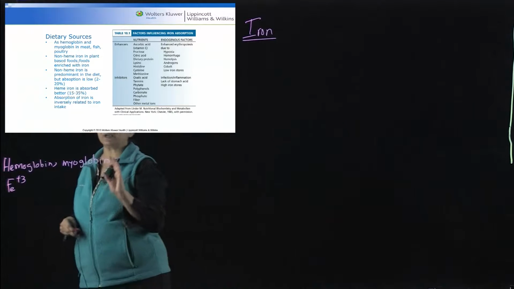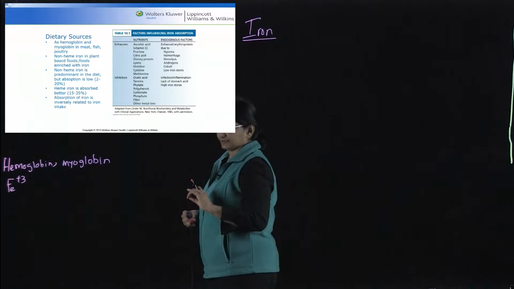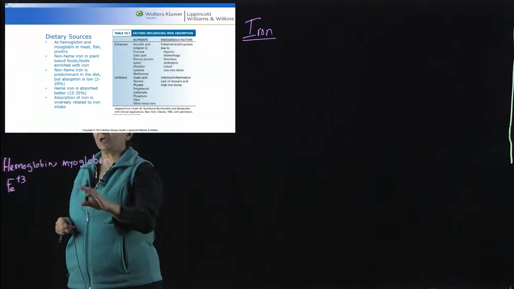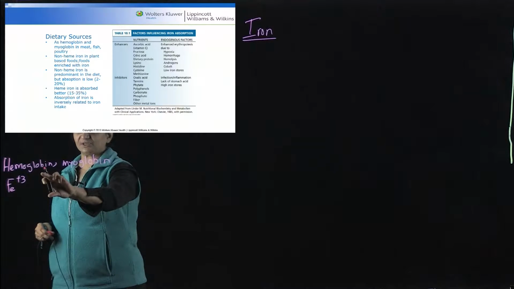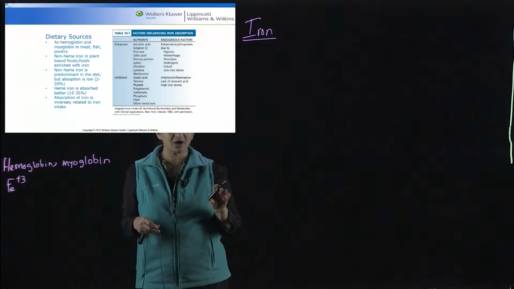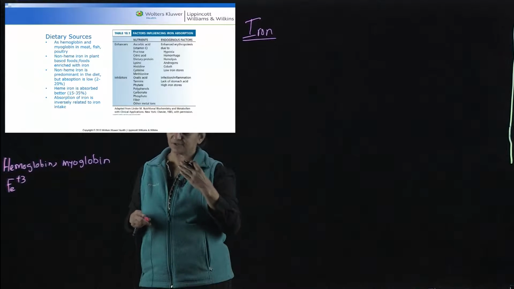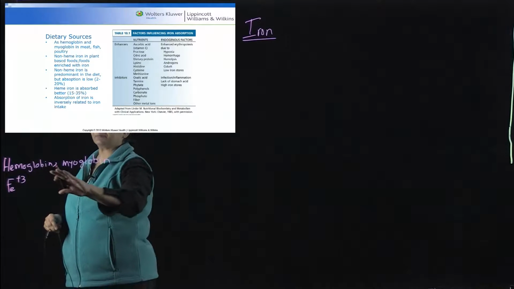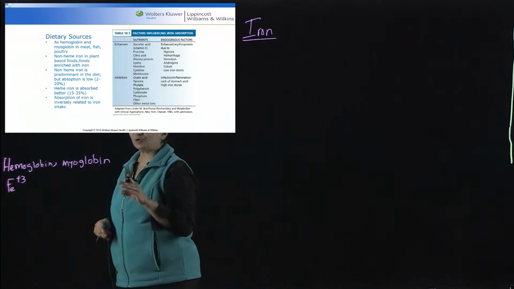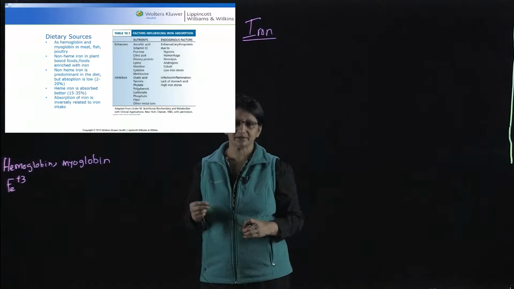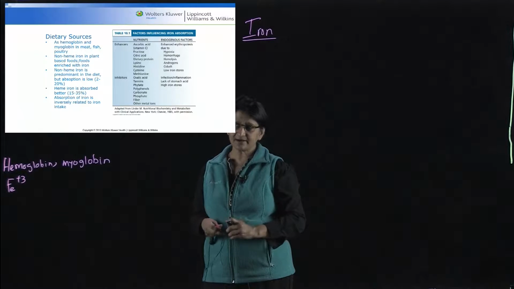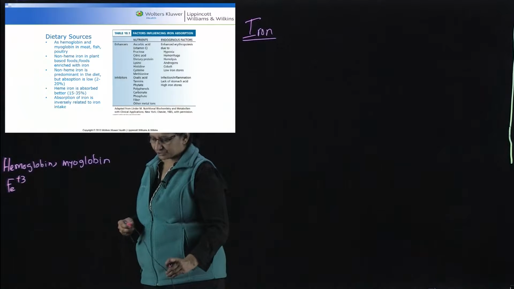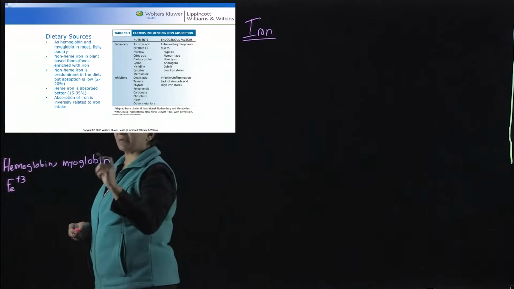So essentially, when we eat animal-based foods, essentially meats, those contain both hemoglobin, which is the molecule that carries oxygen to the lungs for exchange, and also myoglobin, which is a protein also that contains iron. It stores iron as well as helps with regard to muscle function. So that's why it's called myoglobin.